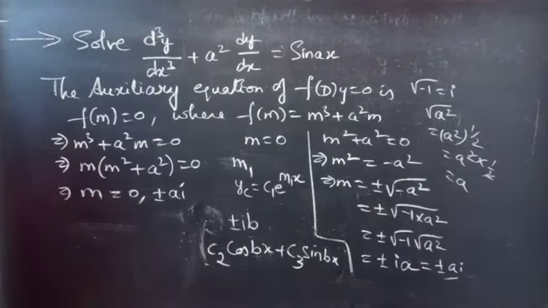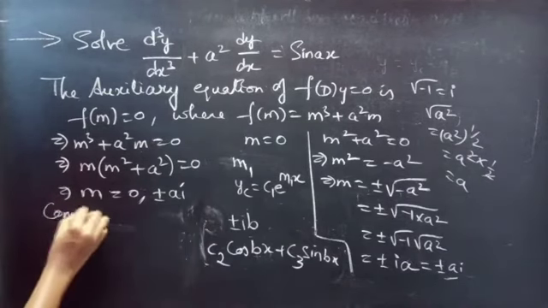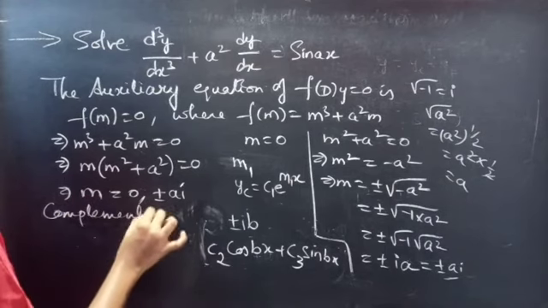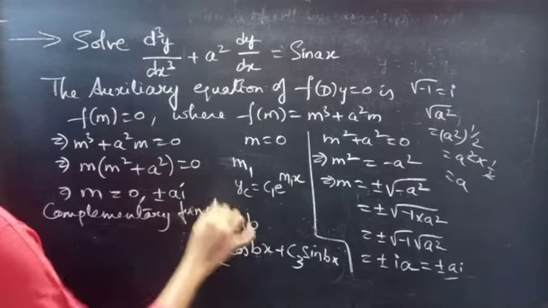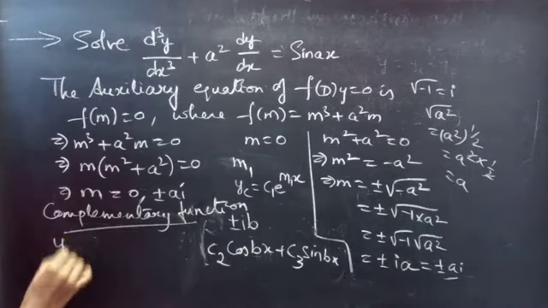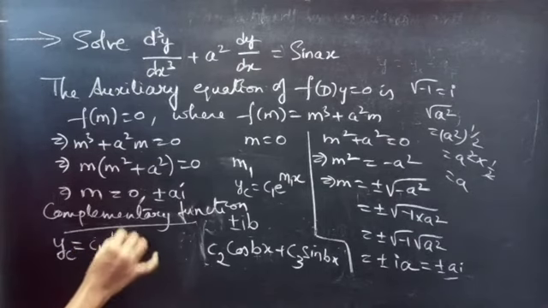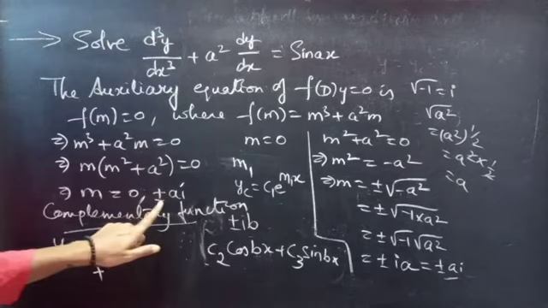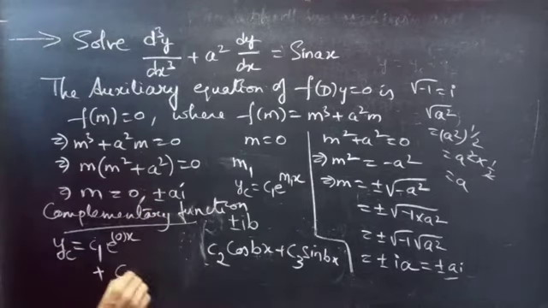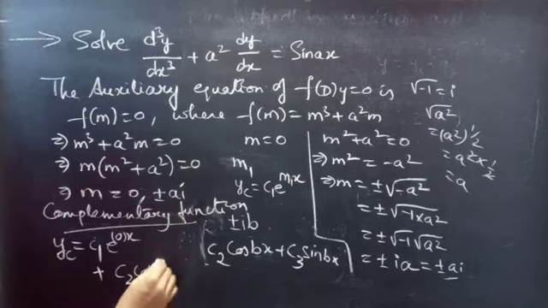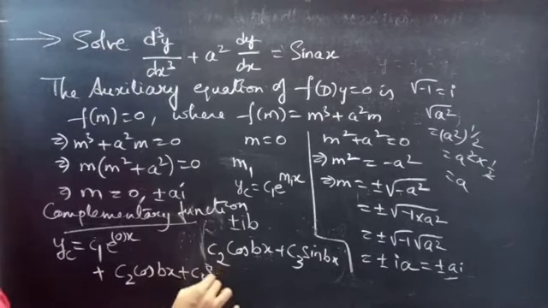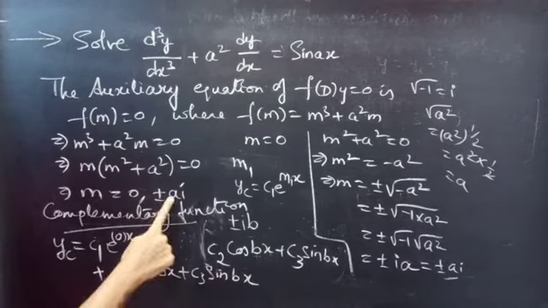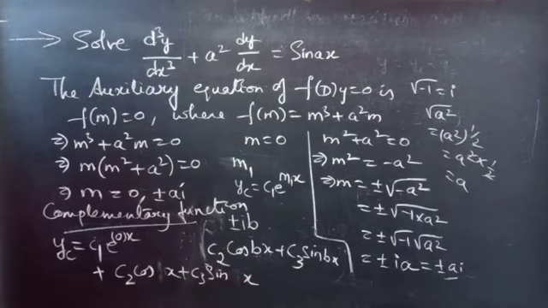So now let's write the complementary function. Yc equals, first we will write for 0, c1 e power 0 into x, plus, now for plus or minus ai, c2 cos bx plus c3 sine bx. Sorry, here we have a, right? You'll get a, not b.